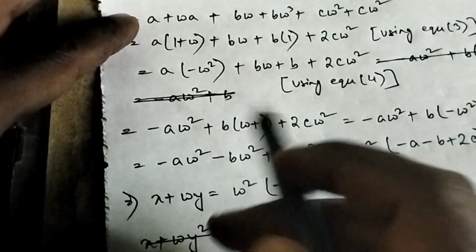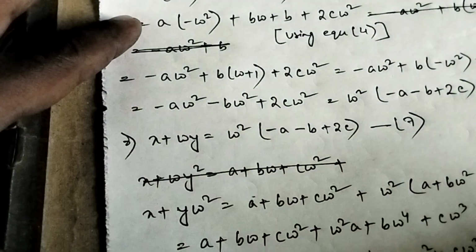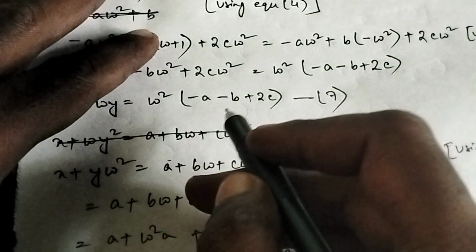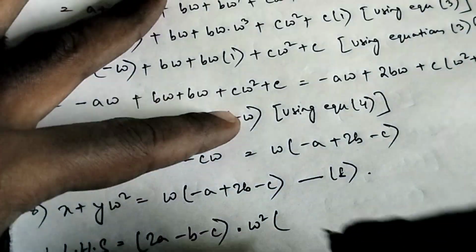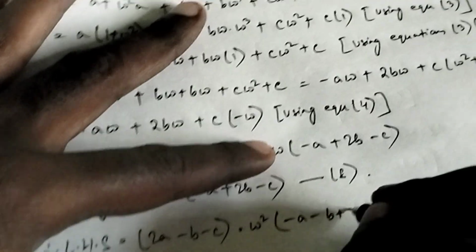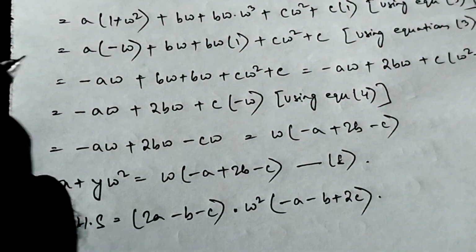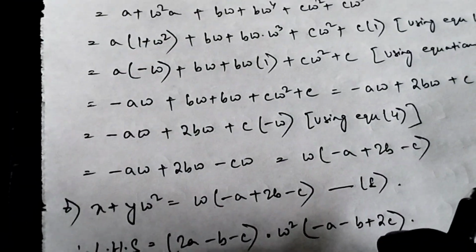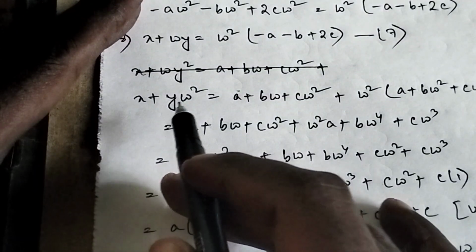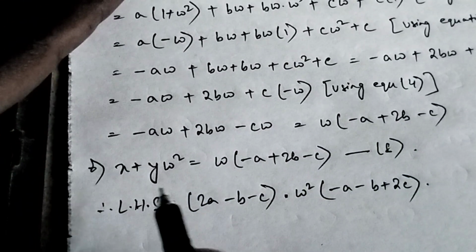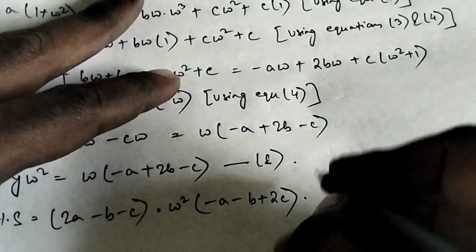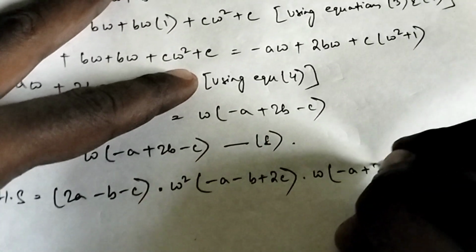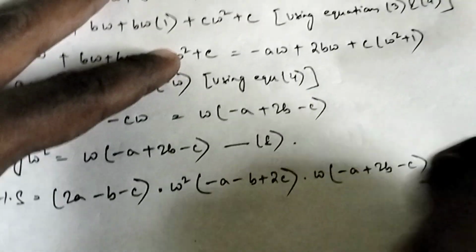X plus omega y was this one, omega square into minus a minus b plus 2c. Then we had x plus y omega square, and x plus y omega square is this one, omega into minus a plus 2b minus c.